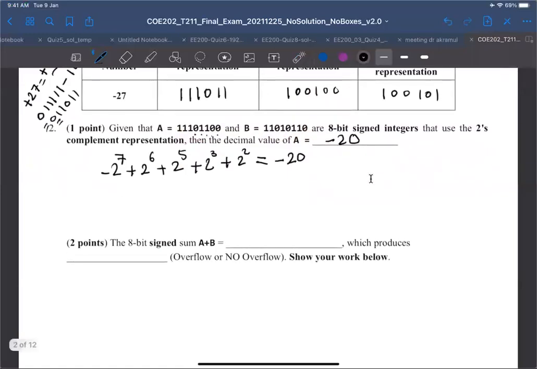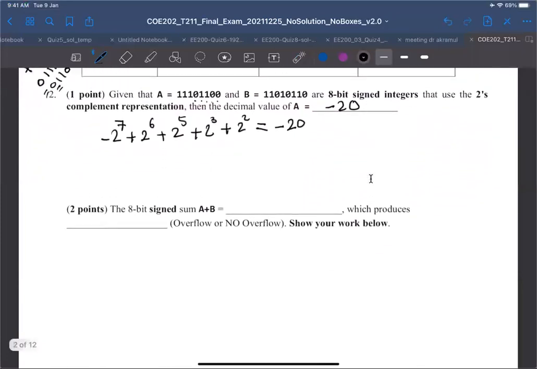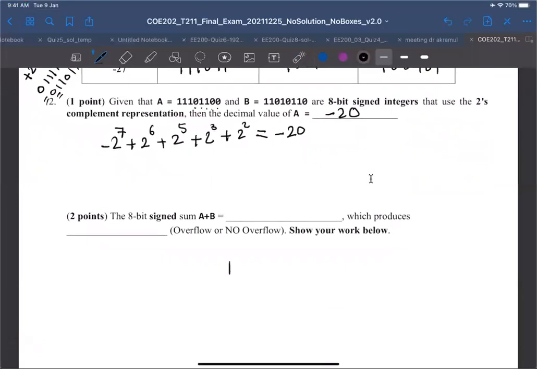The next question is the 8-bit sum of A plus B. We just add A and B and see the result. A is 1 1 1 0 1 1 0 0, and B is 1 1 0 1 0 1 1 0.